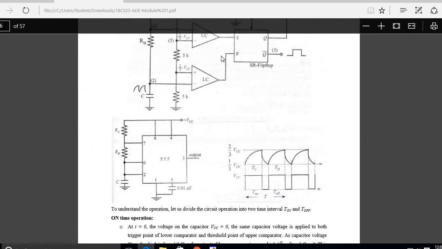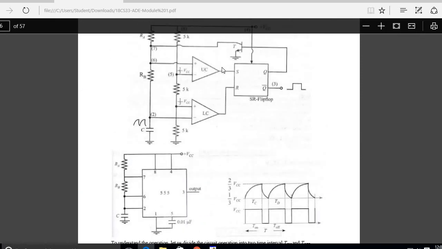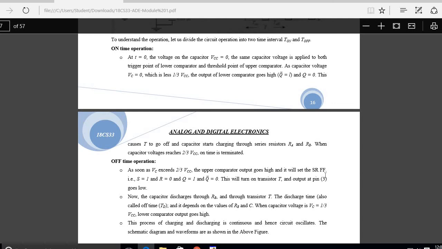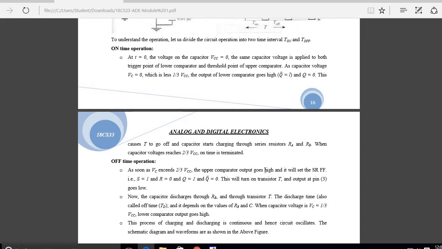This applies only to the upper comparator, it is not the same scenario with the lower comparator.